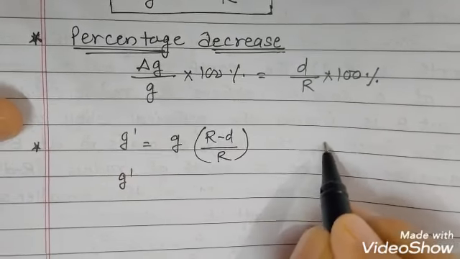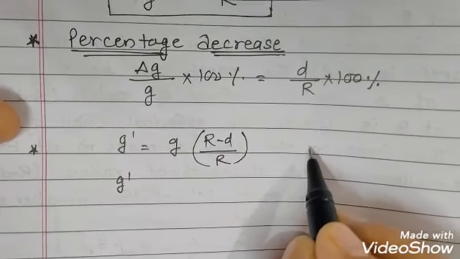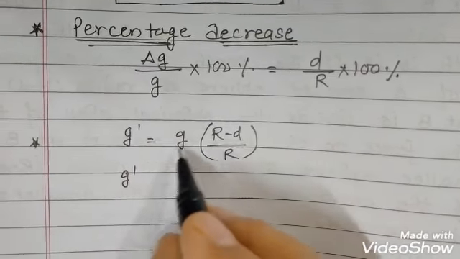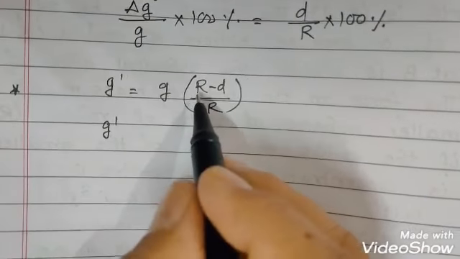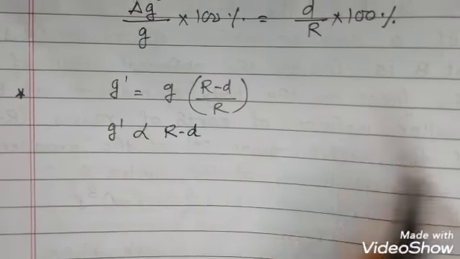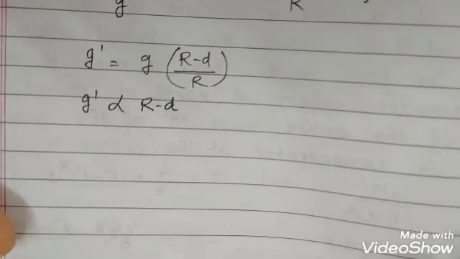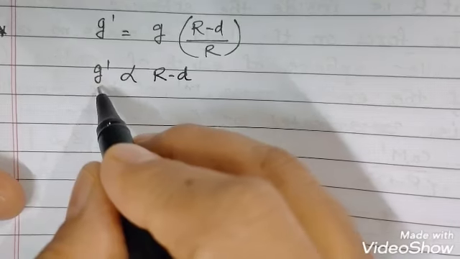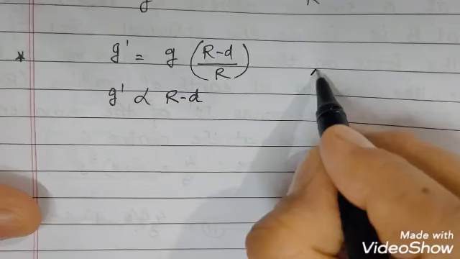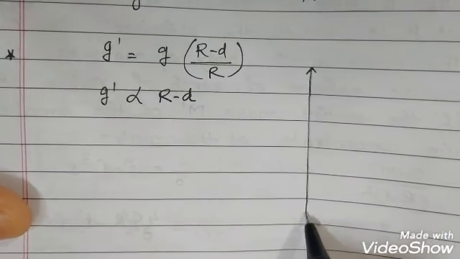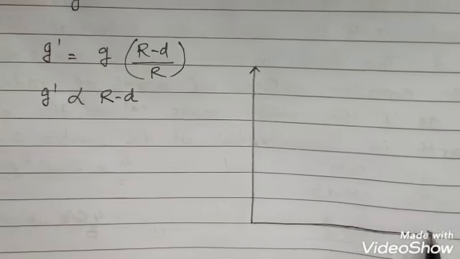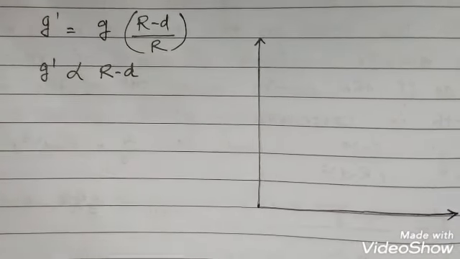Now if you consider r minus d as r, the variation between g dash and d we can observe by the graph here. As the depth increases, the value of g will reduce.